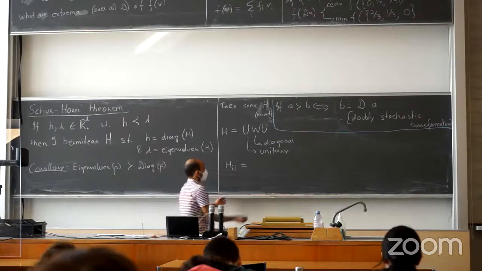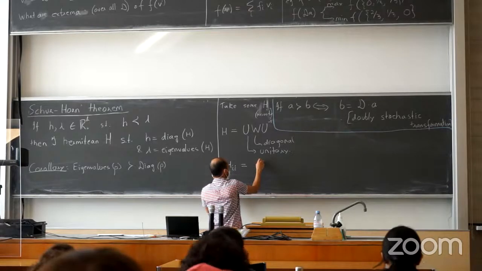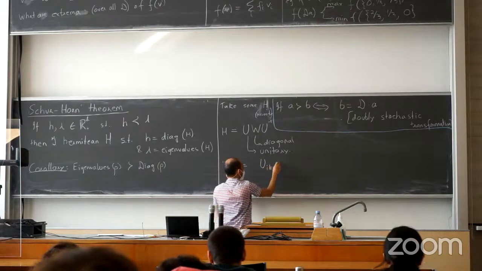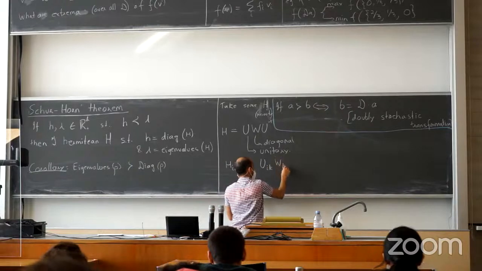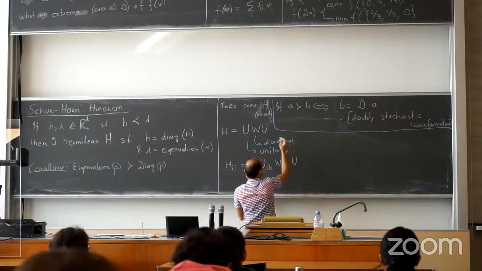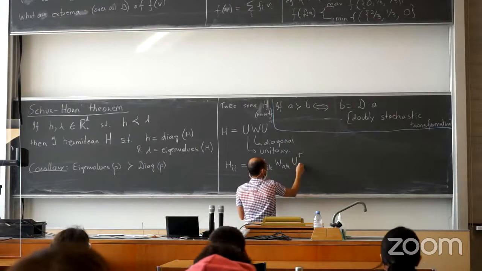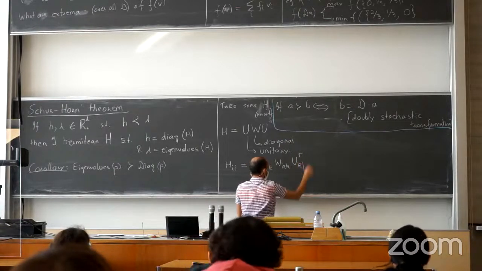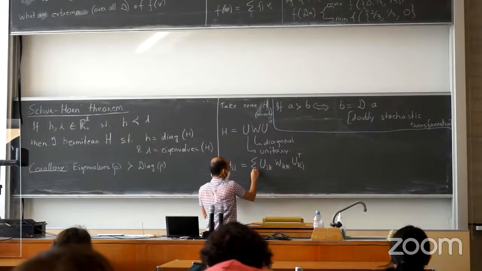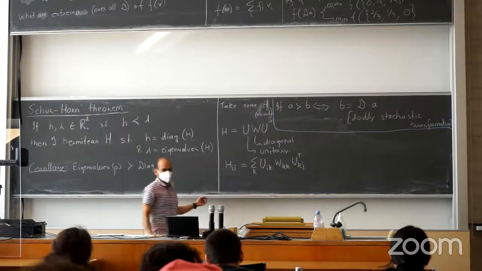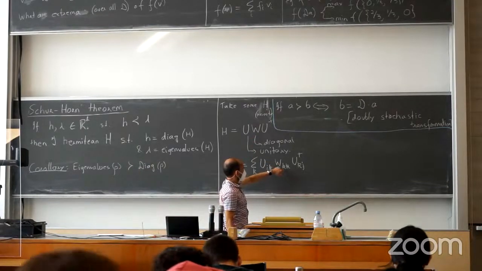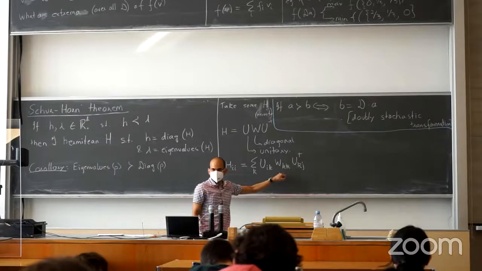I'm going to have to take U_ik, W_kk, U inverse or dagger, k_j. We're going to sum over k. Now remember that W is a diagonal matrix, so all other elements that are not of the form kk are already 0. This is why this simplifies with only a single sum. There's only a sum over k.